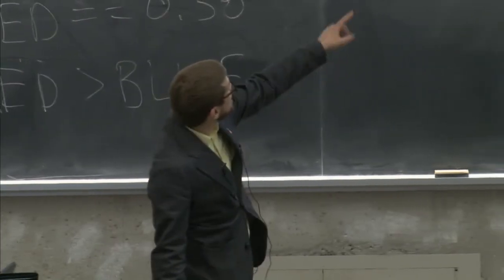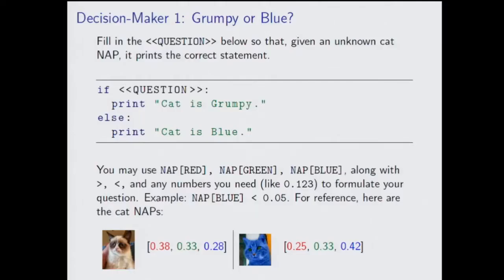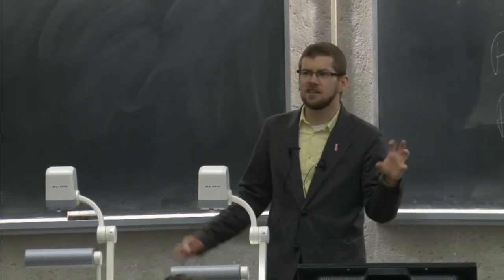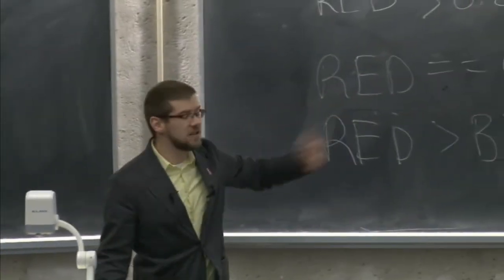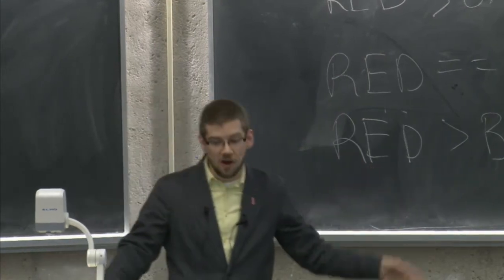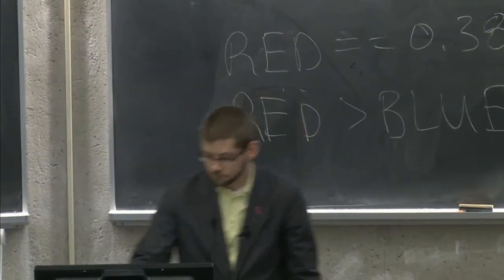And that might mean that you get slightly different values for your nap, which can mean that if you're basing your decision on equality, you are maybe not going to correctly identify Grumpy Cat if you see a slightly different picture of him, okay? Now, what you gave me is perfect, and that exactly satisfied what I asked for. I just want to start thinking about what the consequences are of choosing any one of these rules.